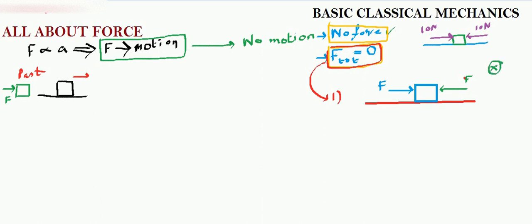But then one would naturally think that this object also has no motion in the Y direction. And if you still want to use this idea that total force has to be zero, then one thing is for sure, that the force acting downward is due to the mass of the block.